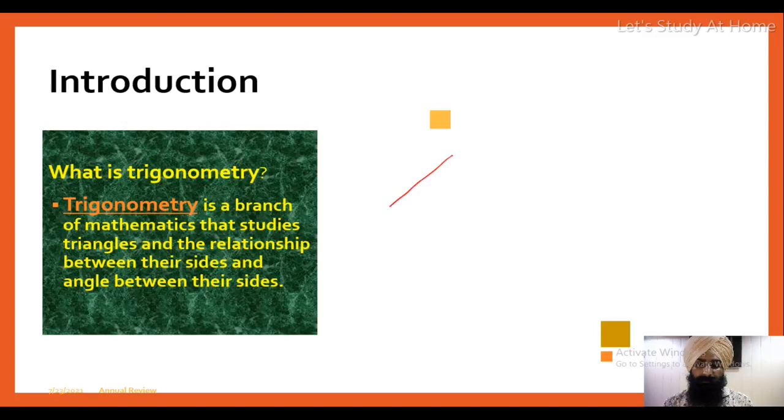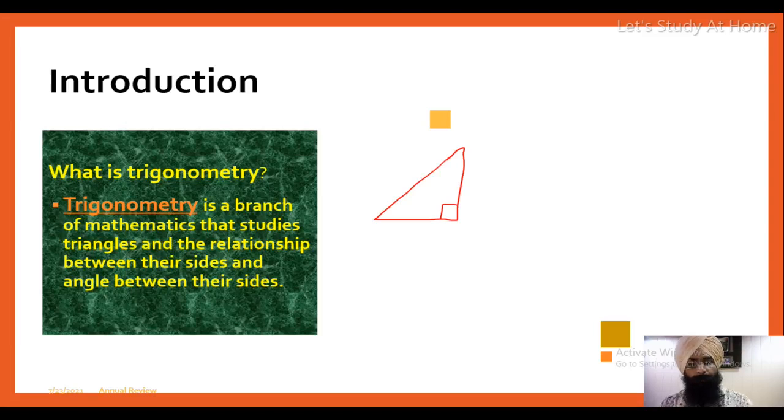This is the branch of trigonometry. Basically this works on right triangles. Okay ji, by this trigonometry we will study the ratios of the sides, meaning the ratio of hypotenuse, perpendicular, and so on.